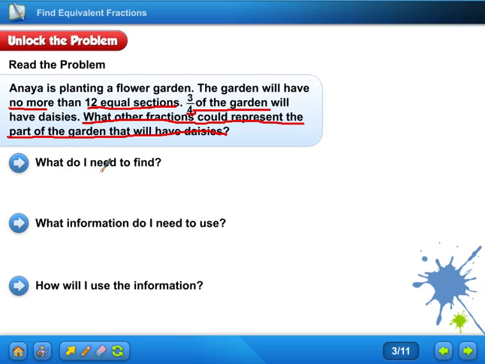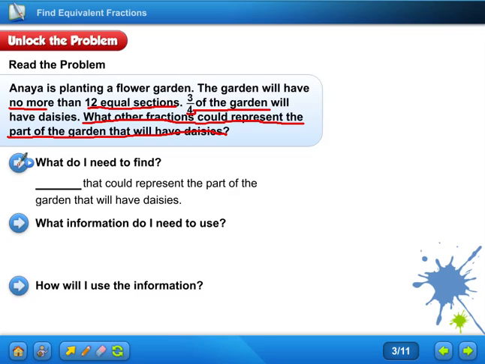What do I need to find? All right. I need to find blank that could represent the part of the garden that will have daisies. What do I need to put in that blank? What do I need to find?